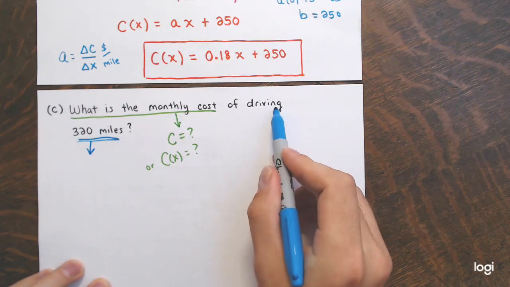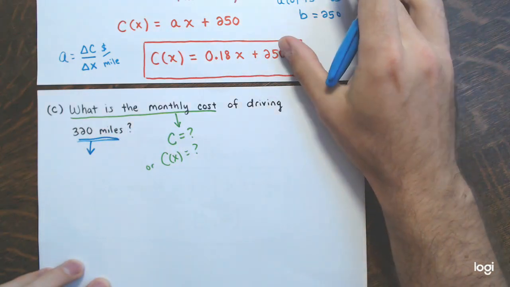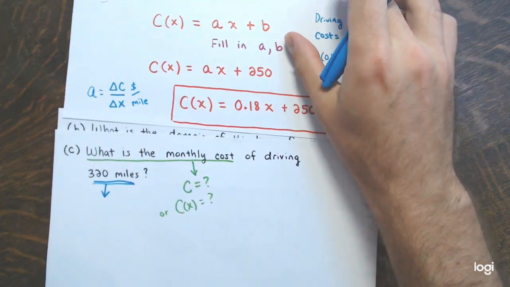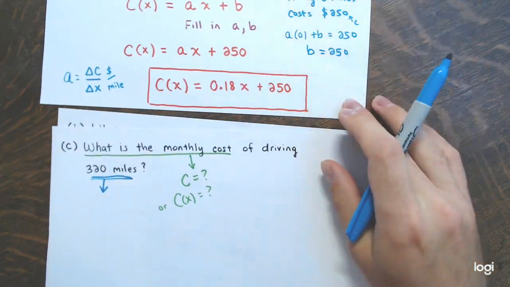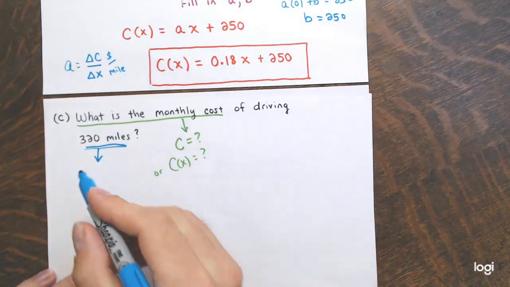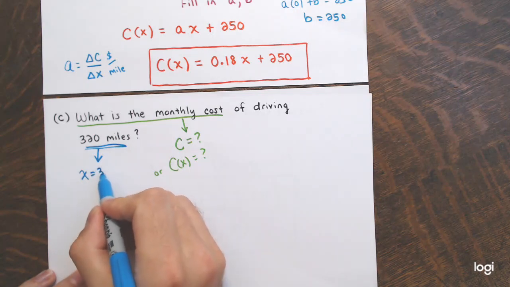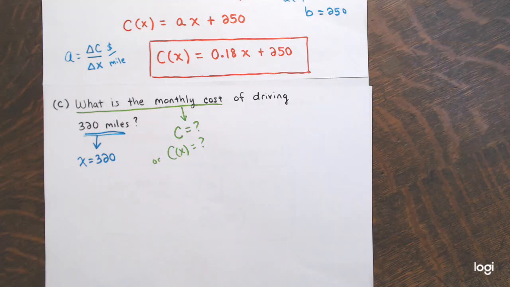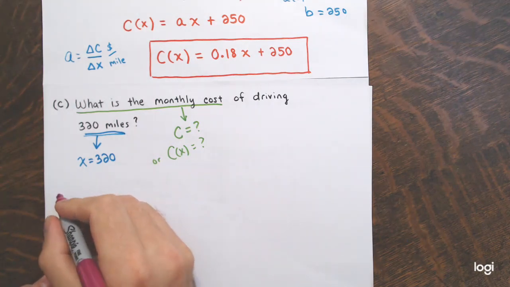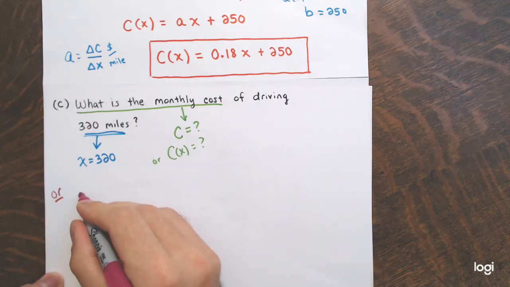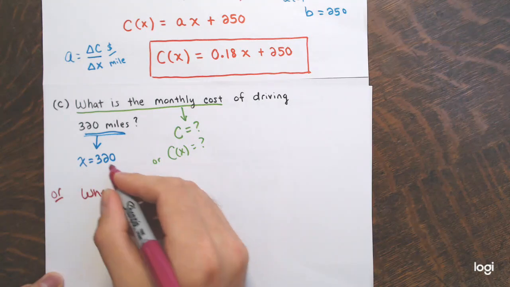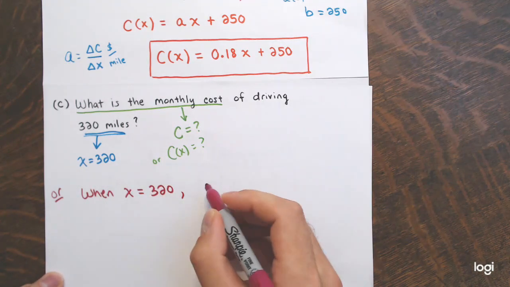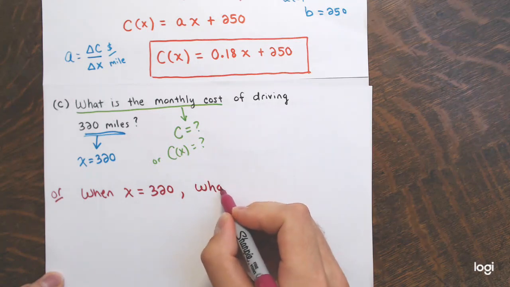So they drove 320 miles. And remember, x represents the number of miles driven. Okay? So this 320 miles is the value of x. So another way to ask this question, you could ask, when x is 320, what is C of x?